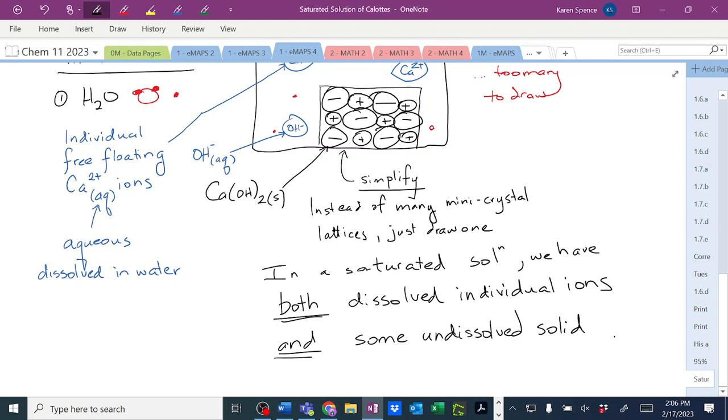We can write a chemical equation that shows the dissolving process. But I'll wait a minute for you guys to be done writing what you're writing now.